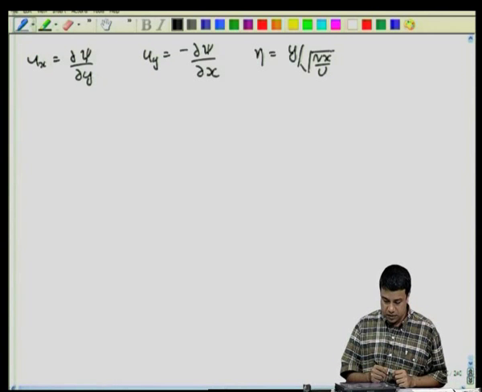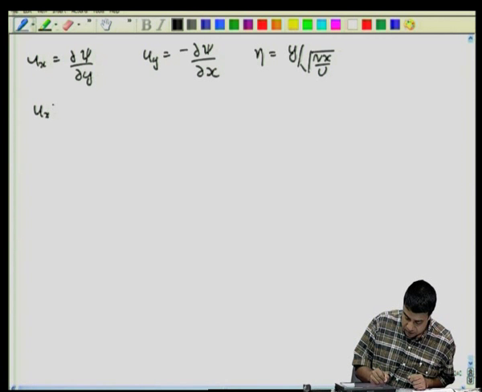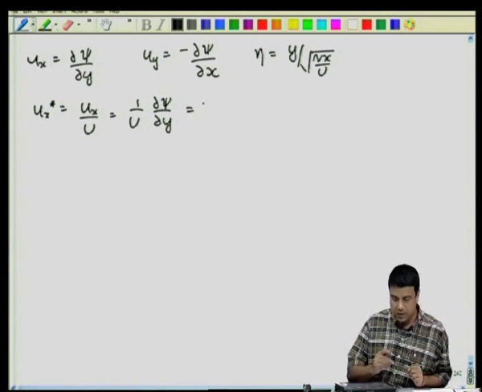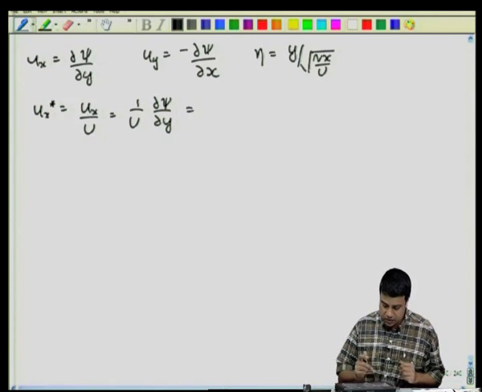So, I express the velocity u x in terms of the scaled velocity and the similarity variable eta. I can define u x star equal to u x by u, which is equal to 1 by u partial psi by partial y. And if I express y in terms of eta, I will get a factor of root of nu x by u coming out.